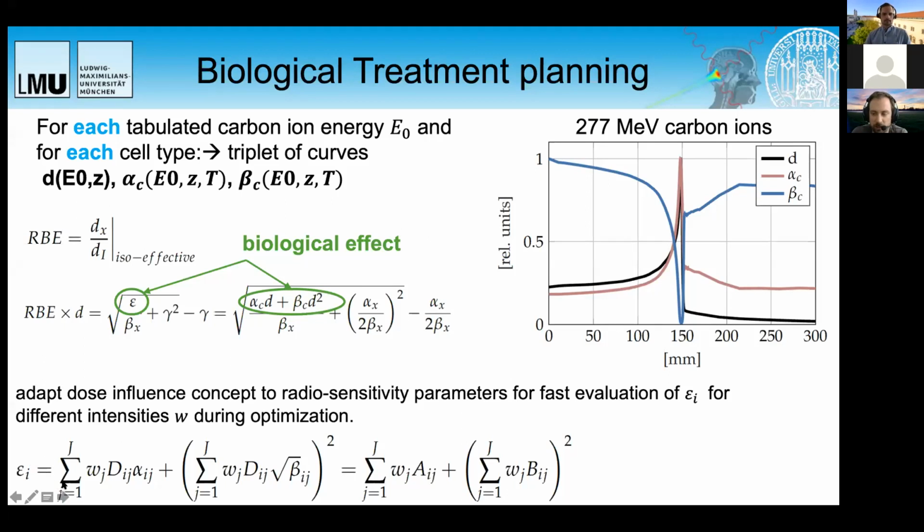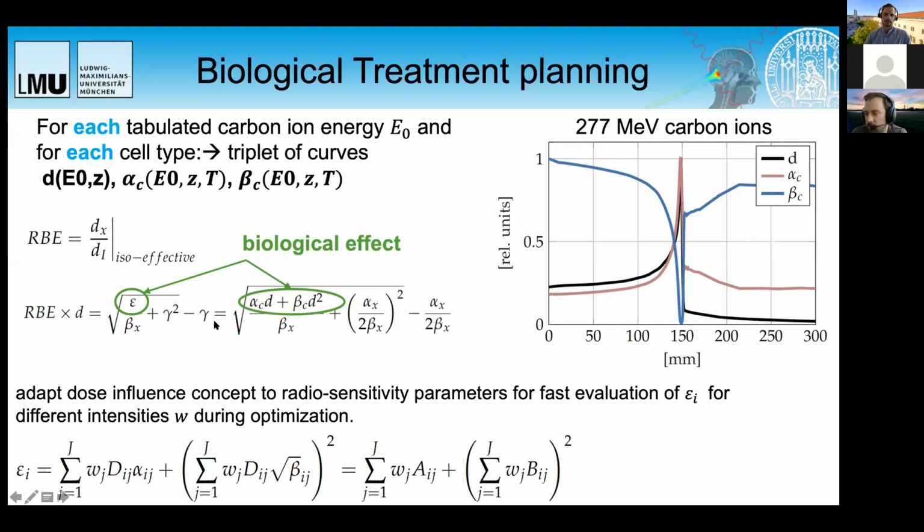And that's what is going on. And you can also, with the new alpha beta parameters for the carbons, directly optimize instead of doing this conversion always on the fly during optimization. Just change your prescriptions to effect prescriptions internally and optimize on them, which makes the optimization process a little bit easier, I would say. So that's what's going on.